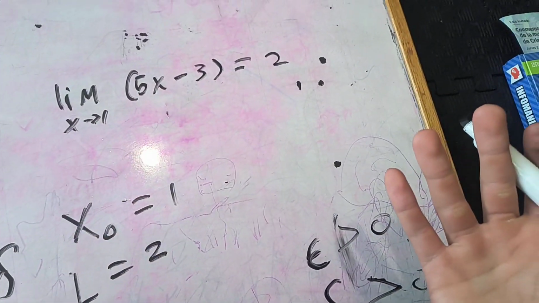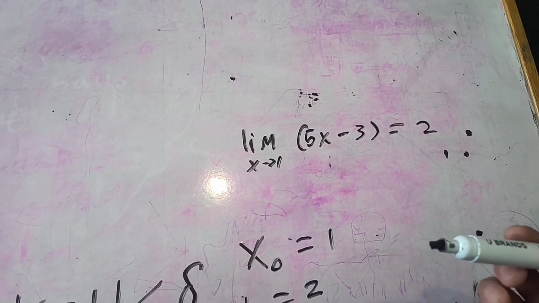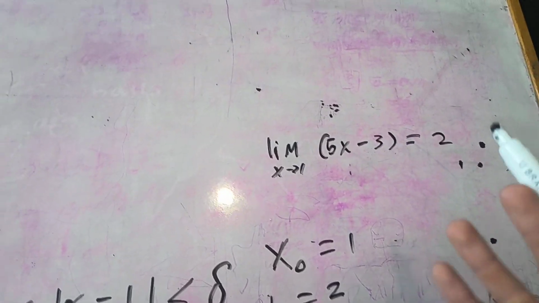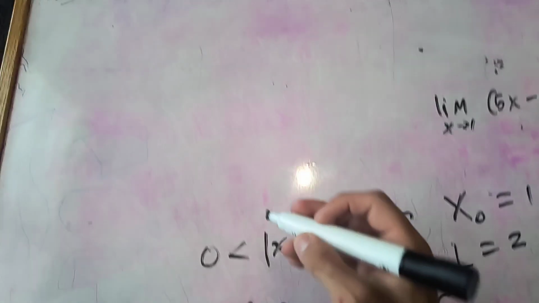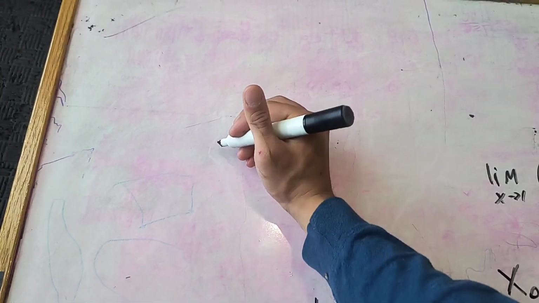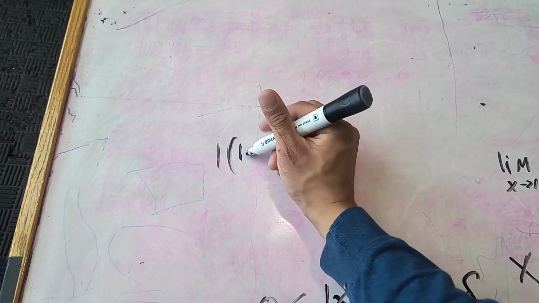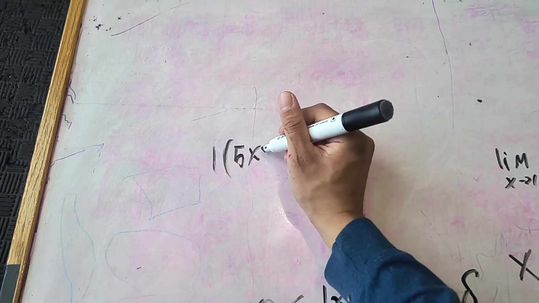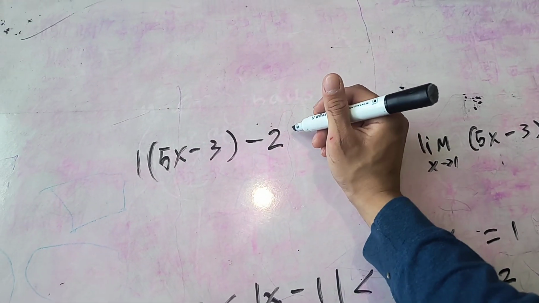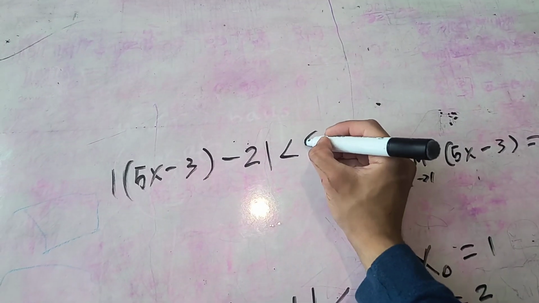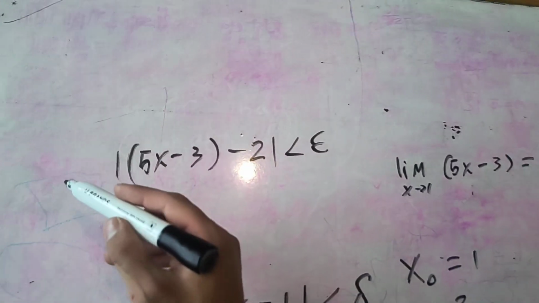And the way we do this is by using the formal definition, and we work back to find the delta by working back from the epsilon inequality. So this is the epsilon inequality: we say the absolute value of f of x, which is 5x minus 3, minus 2, is less than epsilon.